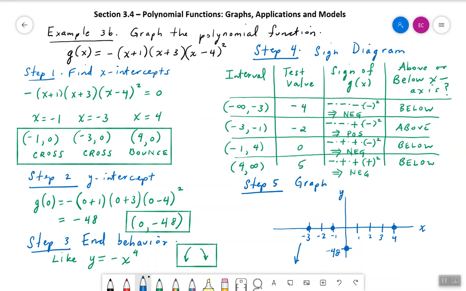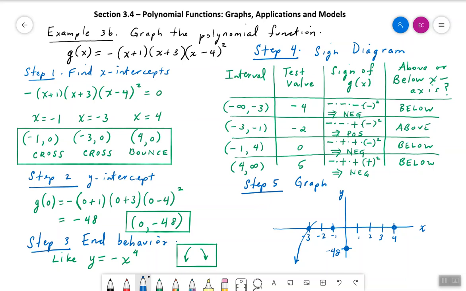And I'm going to use the behavior at the x-intercepts to help me. So first thing I need to do with this arrow is come up to -3, 0. And then we know that we have to cross over the x-axis to the other side. So let's cross over to the other side of the x-axis.